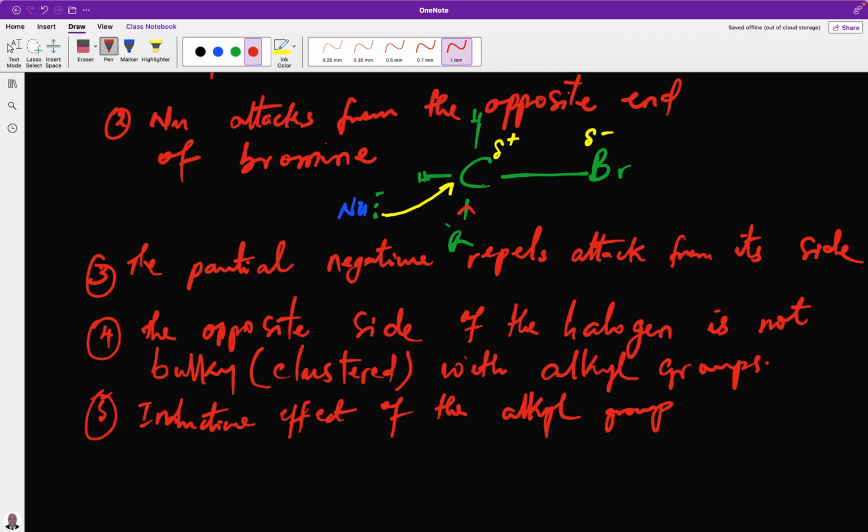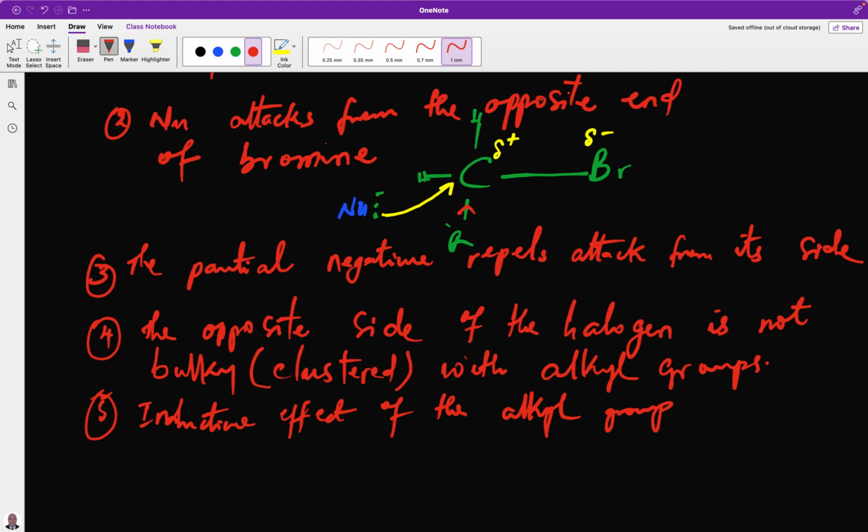You know that alkyl groups are electron donating. When they donate electrons to the positive carbon, they help to reduce the charge density on the carbon, thereby making it energetically stable. But because there's only one here, it makes the molecule relatively unstable, resulting in a high activation energy of the reaction.